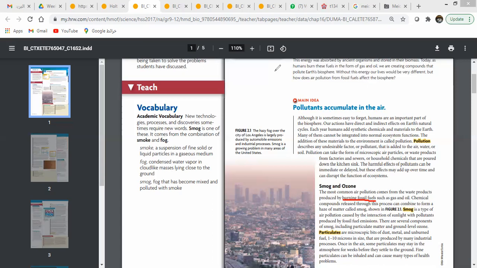What does smog contain inside it? Particulates are microscopic specks of dust, metal and unburned fuel.